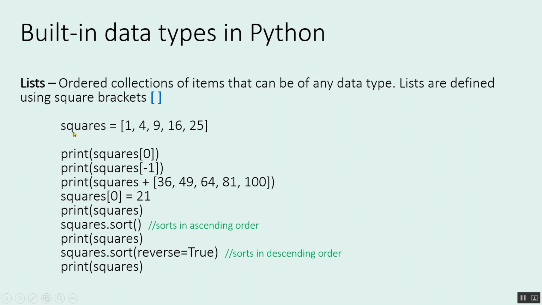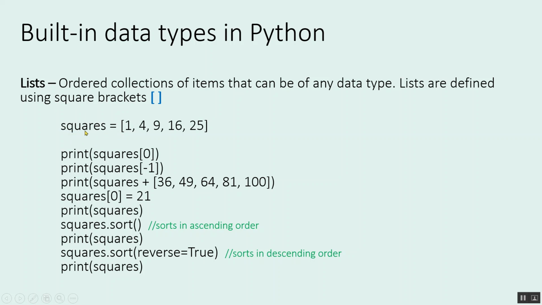Now the naming convention for a list should be plural. If you're pertaining to a single square or single variable that can only contain a single value, it should be square. Okay. Now, since we're trying to contain multiple values, that's why it should be plural, and we should name this squares. Okay.